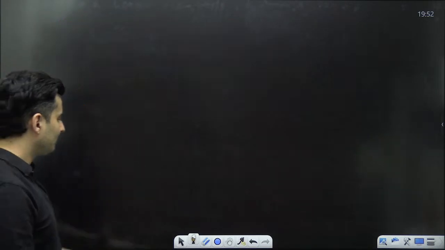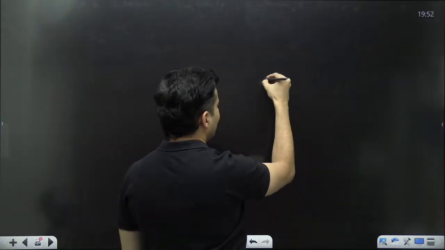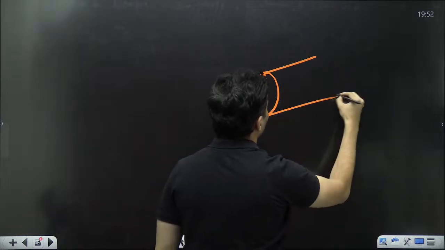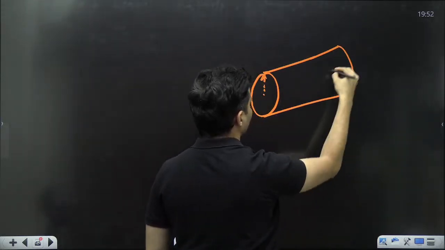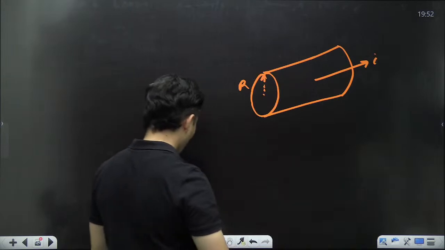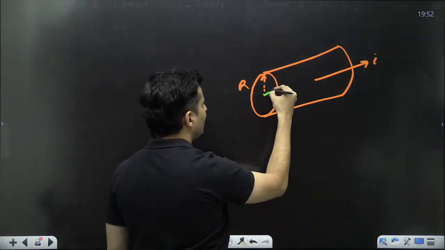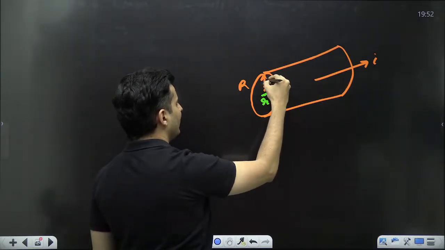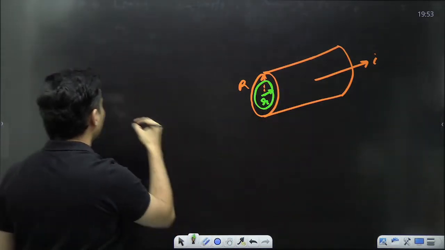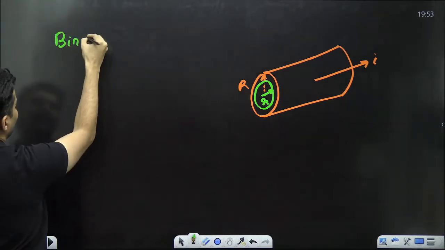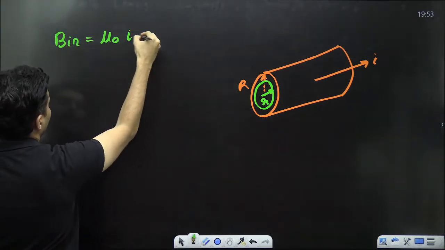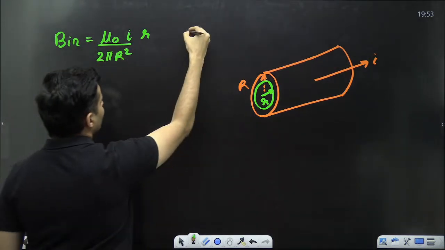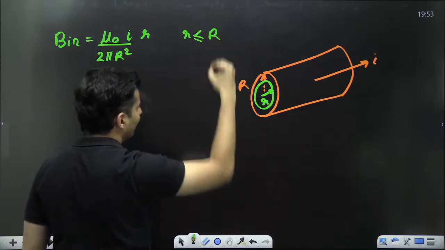And I can just say, if I have a wire of some radius R carrying some current, so the current is like this, and I am inside the wire at a distance of small r, the magnetic field lines will be again circular like this. That magnetic field inside will be mu naught I small r by 2 pi capital R square. This is when small r is less than capital R.